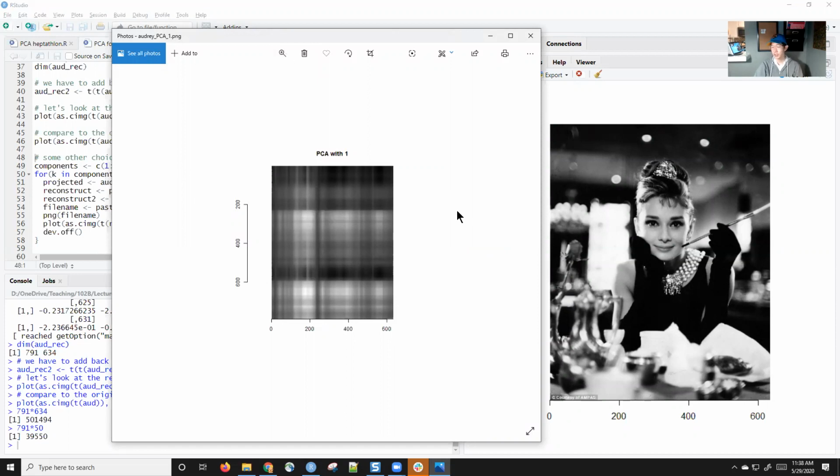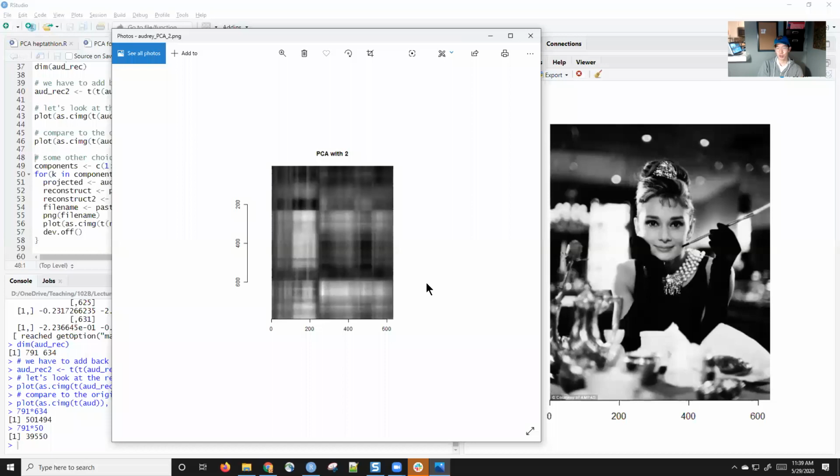This looks nothing like the original image. But you do see that here's this patch of very bright white, and that is reflected here. But other than that, this looks very unlike it, right?